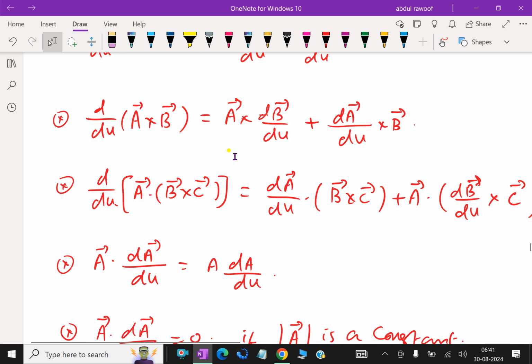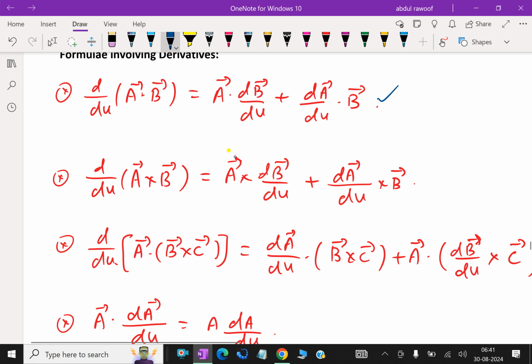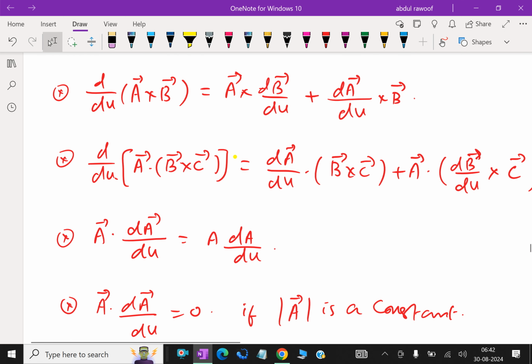Next one, d by du of A cross B is equal to vector A cross dB by du plus dA by du cross B vector.